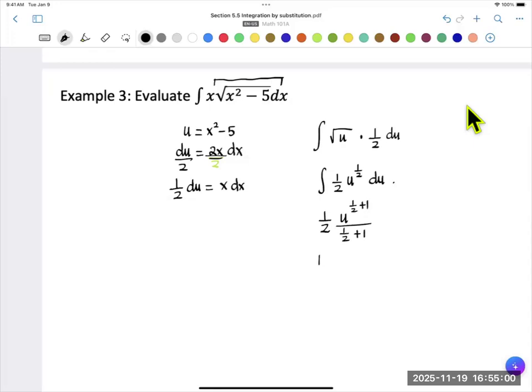And that will give you 1/2 times u to the power 3/2, which means you're going to multiply by 2/3, plus c. And we will have 1/3, since we can cancel out the 2. So 1/3 u to the power 3/2. So u will be x squared minus 5. So I can write x squared minus 5 to the power 3/2 plus c. Okay, so that is the integral.